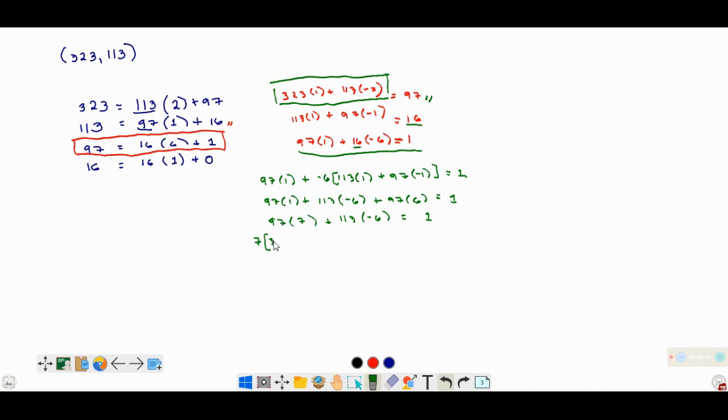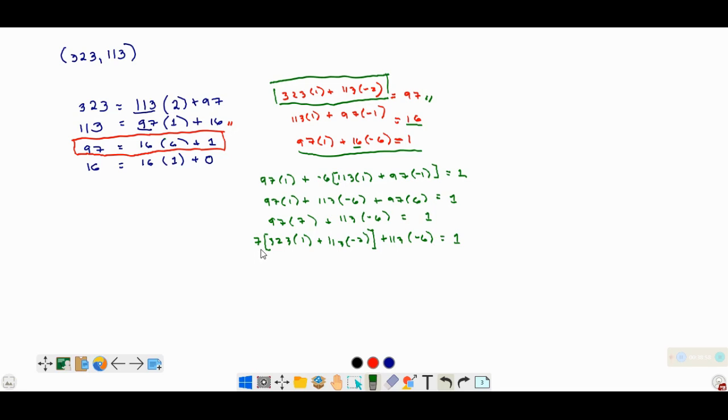We have 323 times 1 plus 113 times negative 2 plus yung natira dito, 113 times negative 6 is equal to 1.